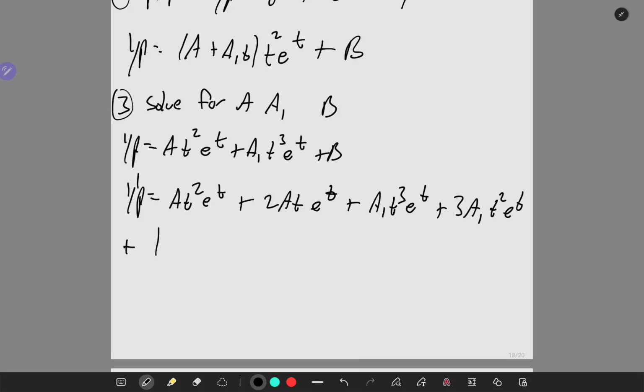Let me just make sure that's correct. It's not a t, right? It's a constant, so it just becomes 0. Y sub p double prime, let me just do this one first.